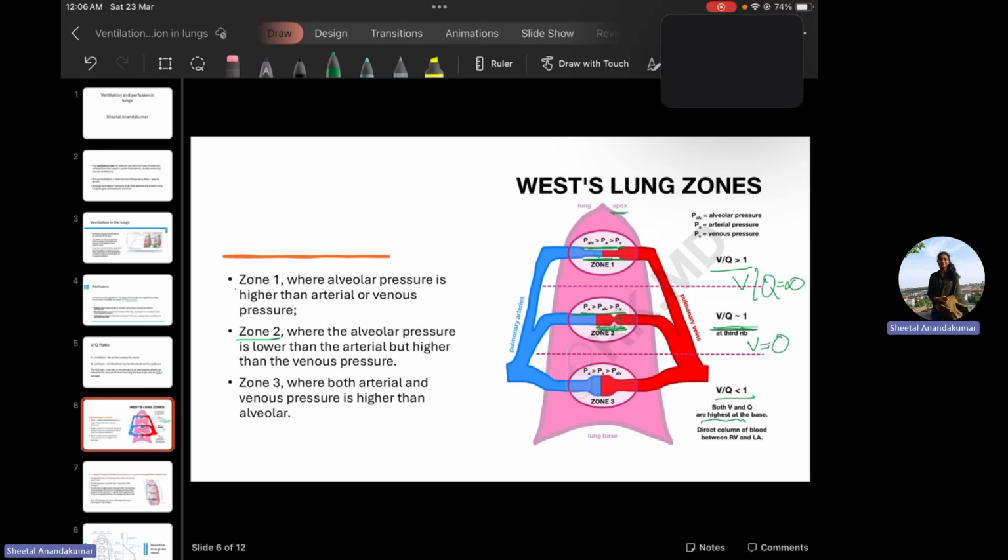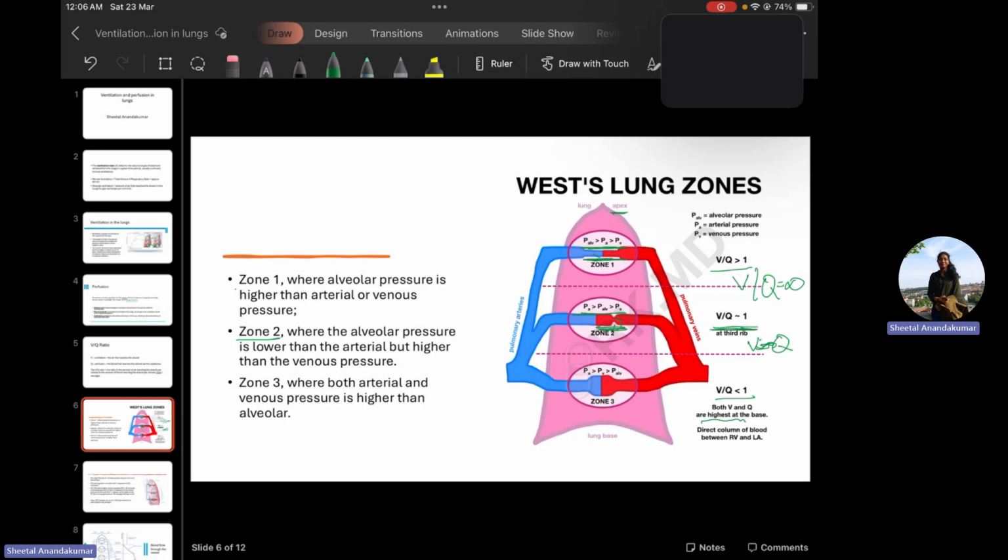And now there is zone 3, which is close to the base. Here the arterial pressure and the venous pressure are higher than the alveolar pressure. So there is increased perfusion.